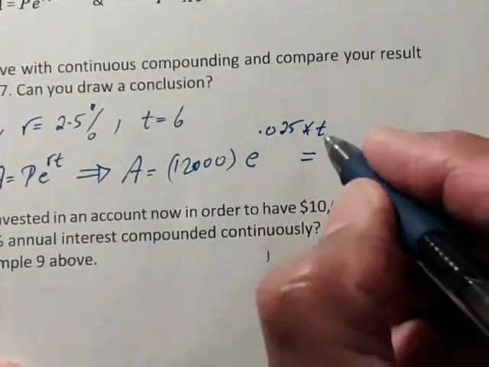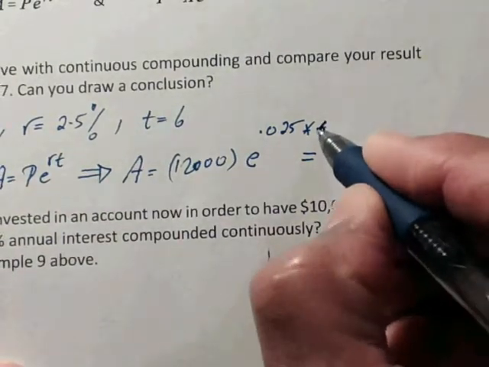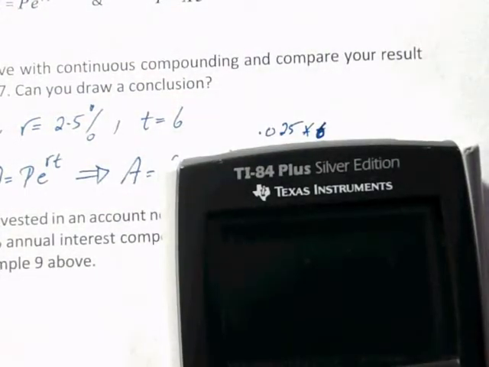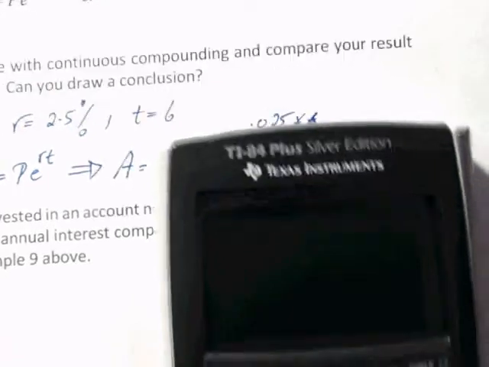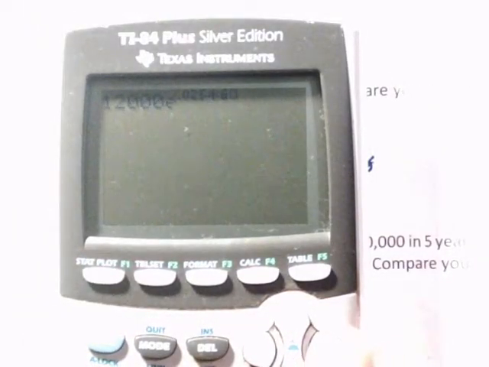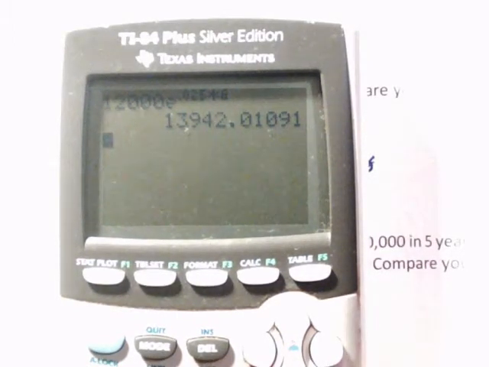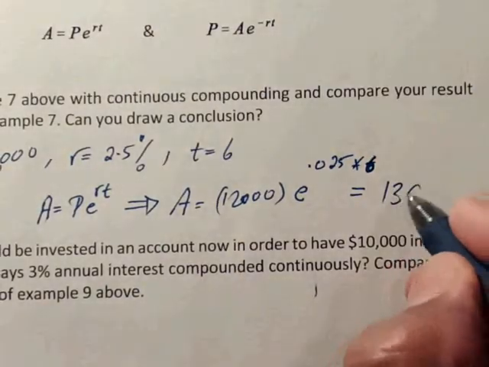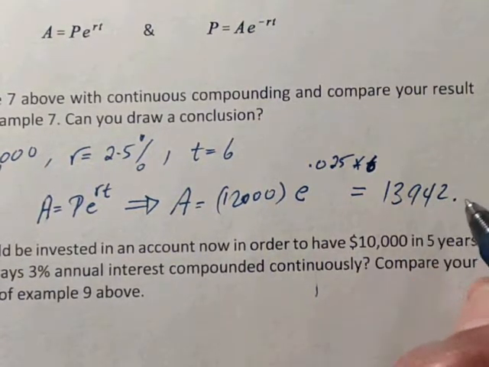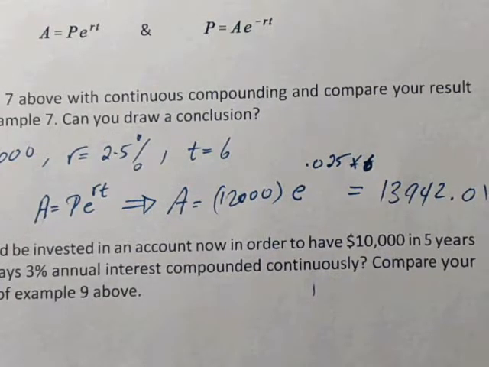I forgot, this is 6. Power 0.025 times 6. So you get 13,942 dollars and a penny, which is bigger than daily.